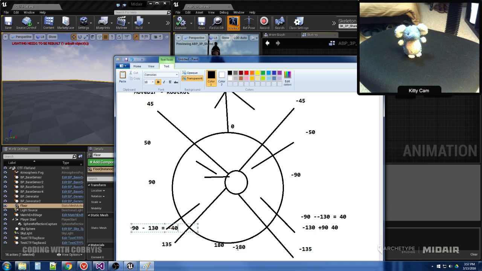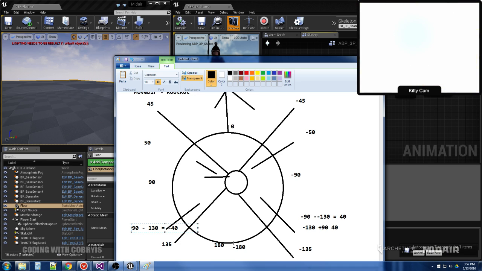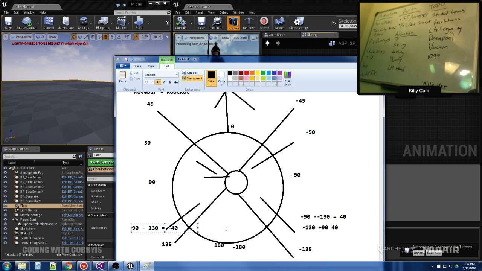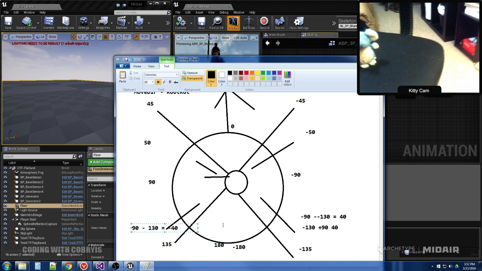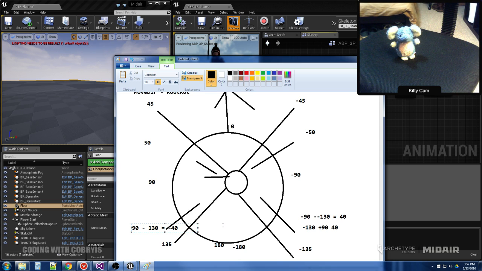I have a whiteboard. Wait, the kitty cam is gonna move real quick. I don't know what I'm showing. My ugly ceiling. Where's my cat? Why is she not here? A whiteboard desk?